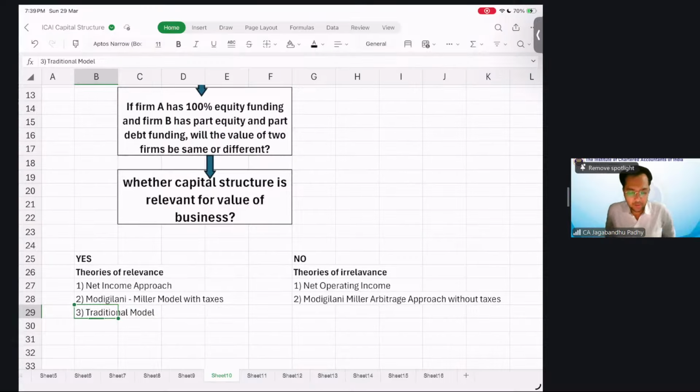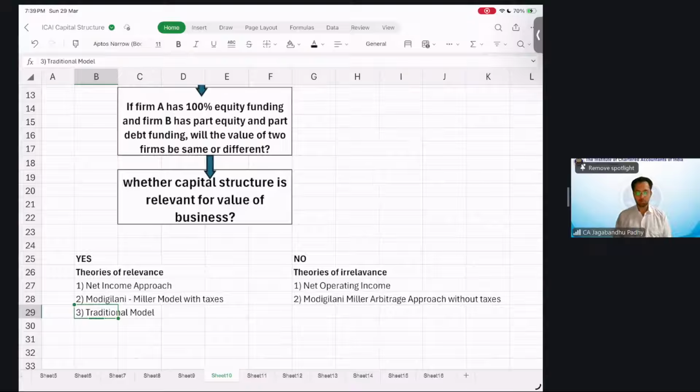Theory of relevance is the net income approach, whereas theory of irrelevance is the net operating income approach. Theory of relevance says that capital structure is going to have an impact on the value of the company, and irrelevance says that capital structure has no impact on the value of companies.